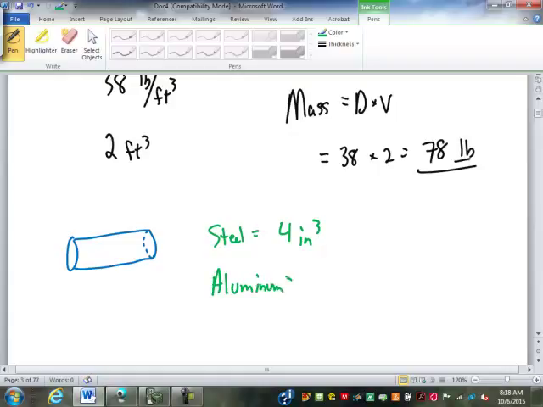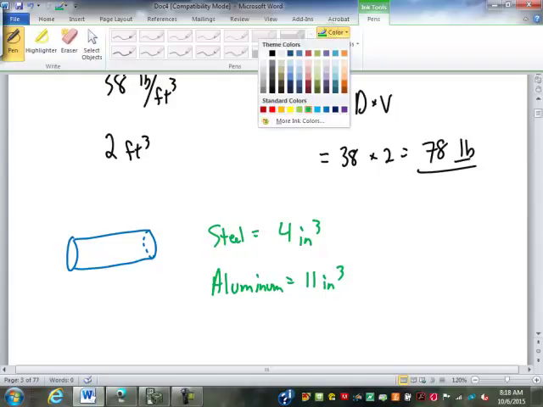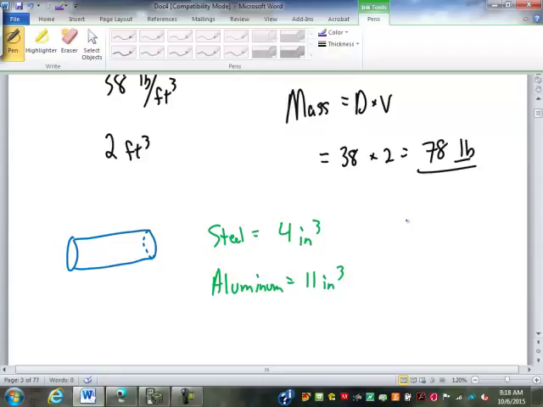Aluminum would require 11 cubic inches of material. It's going to have to be considerably larger to handle the same amount of force. But let's say that steel has a mass of about 2.8 pounds per cubic inch, and aluminum is about 0.9 pounds per cubic inch.